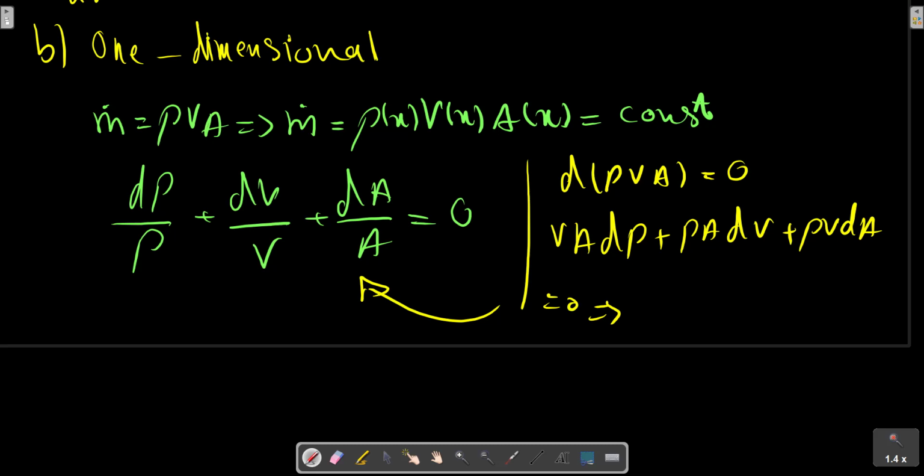The differential forms of the frictionless momentum equation and the sound speed relation are recalled here for convenience. Let me write again here.